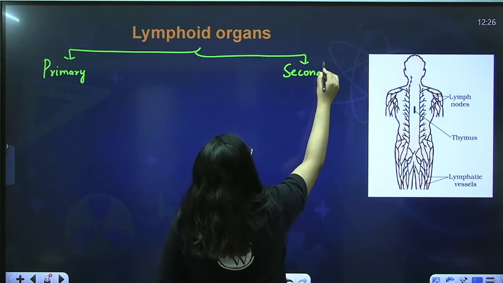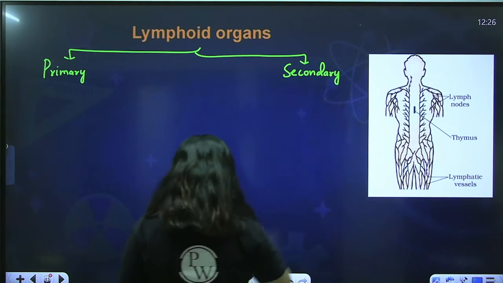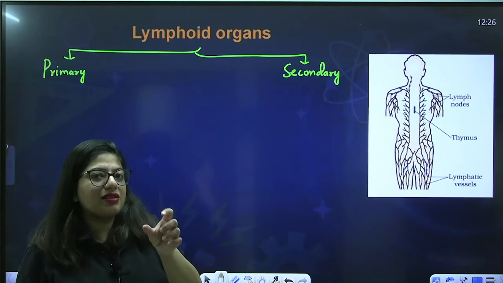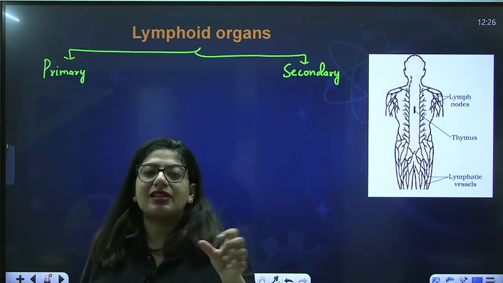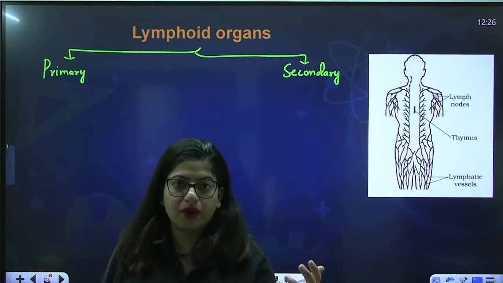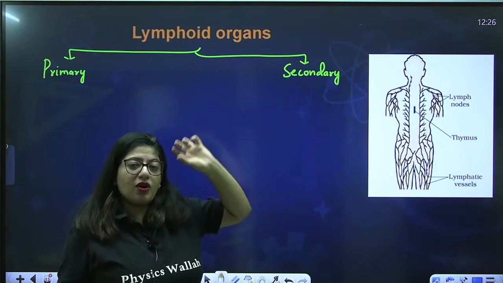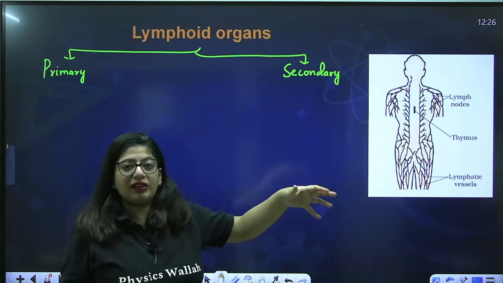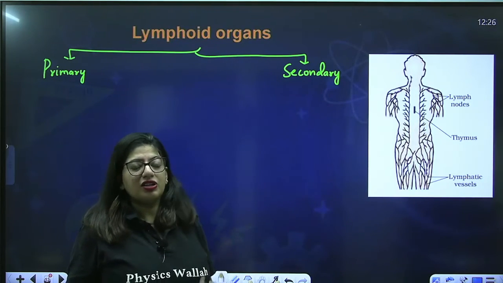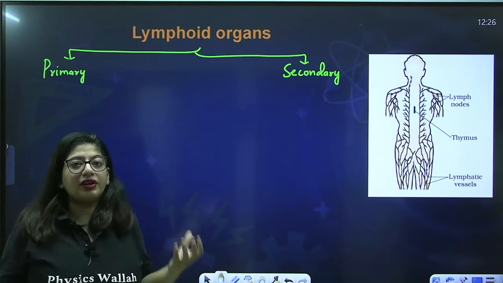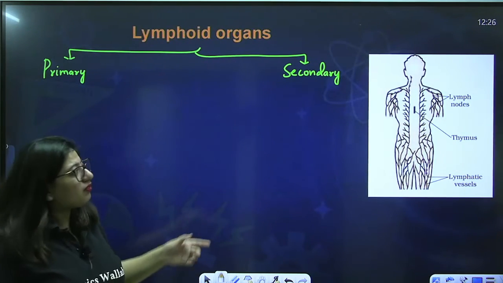What's the difference? Let me show you. The primary lymphoid organs are organs where your main immune cells, the B cells and T cells, are formed and get mature. But the secondary lymphoid organs are the organs where those mature cells will go, they will identify the pathogen and they will kill it. Just like your medical college is a place where you learn everything and become a doctor. But where do you work?